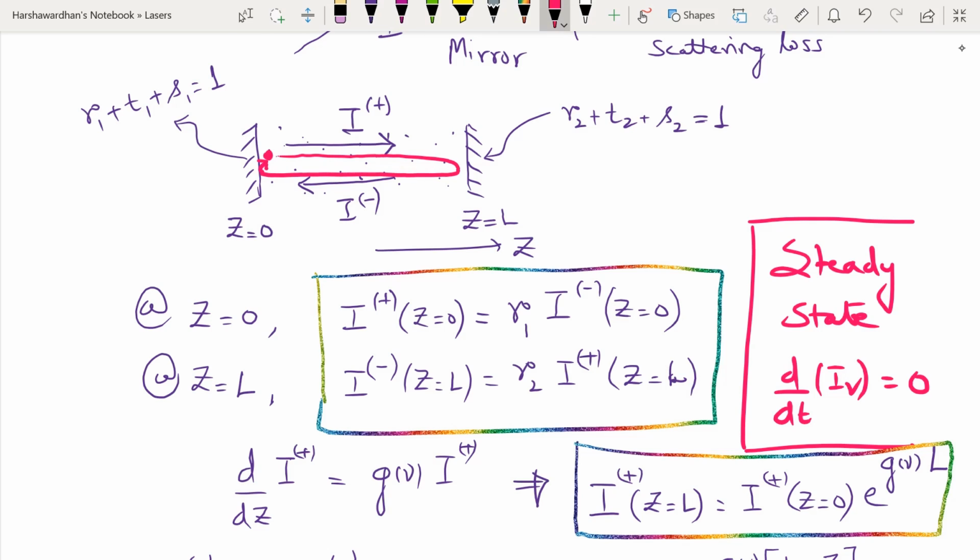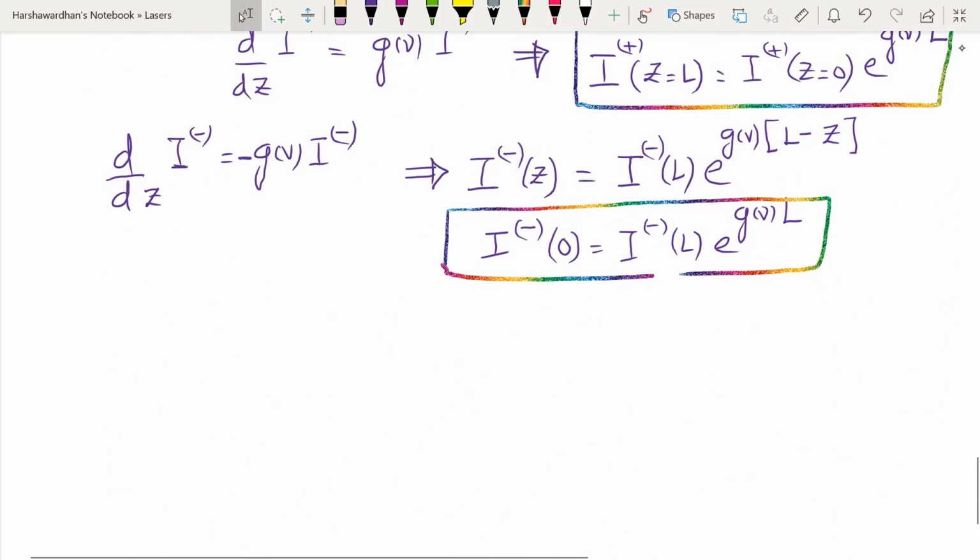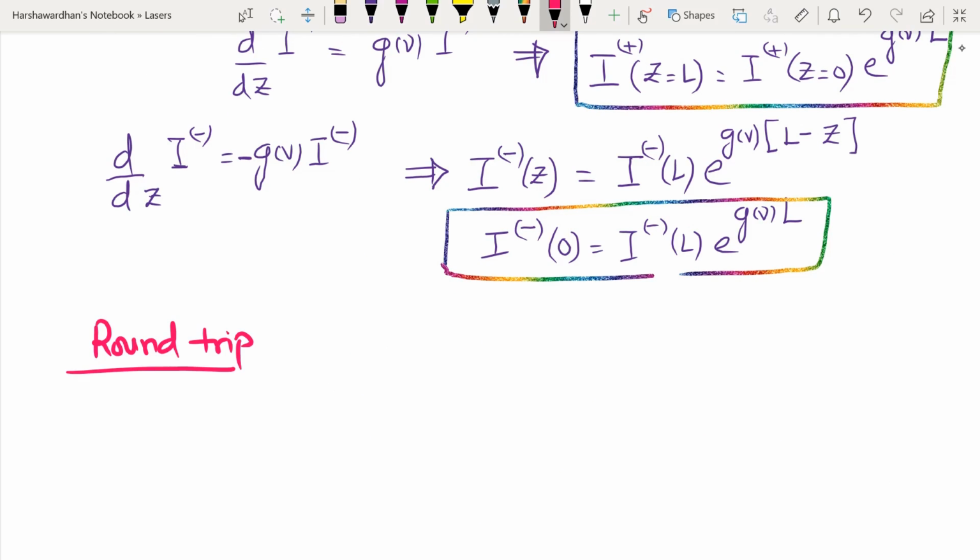So I'm going to look at this round trip. I will follow the fields as they go around in a round trip and see what we get, right? So that is our task. So let's look at this round trip, and let's traverse the medium around it.